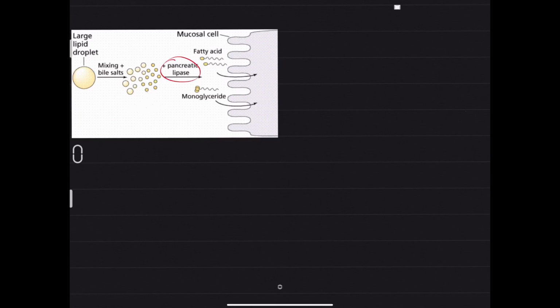Okay, so let us just put this into a few words. So can you just put down: bile is not an enzyme. Okay, so this is the first point.